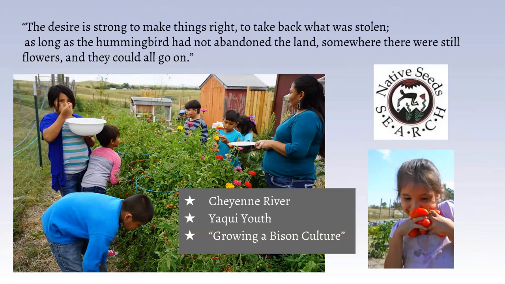The Yaqui youth in Arizona, that's a tribe there, use their garden as a way to reach at-risk students. They had these students who had dropped out, who were trying to earn their GED and high school diplomas, and they used the garden as a tool to help reconnect them because they felt really disconnected from their heritage, as at-risk youth often do. And they used the elders in the community.